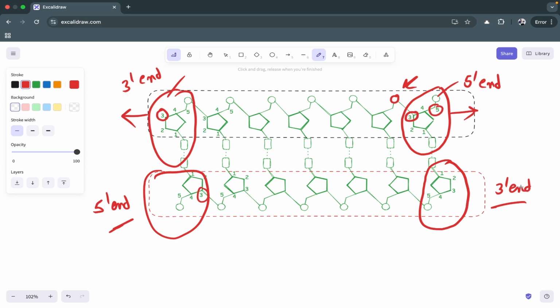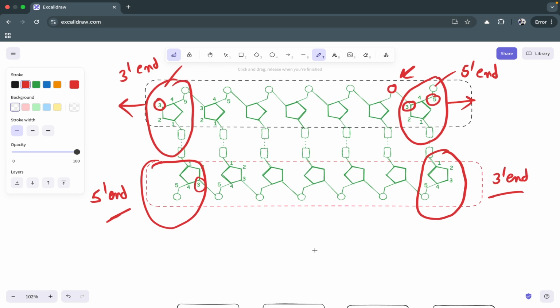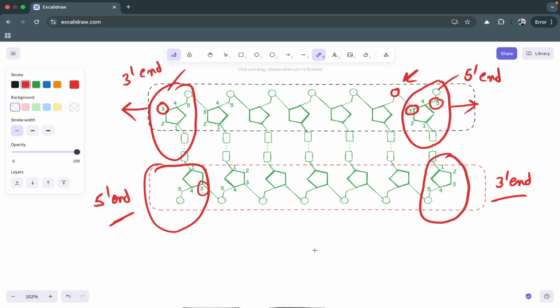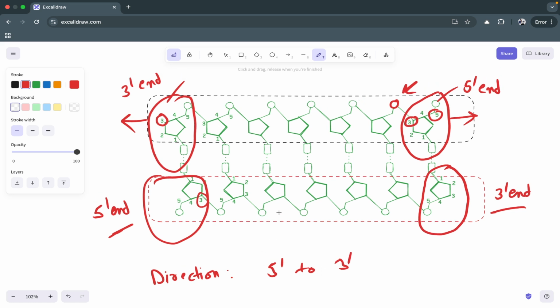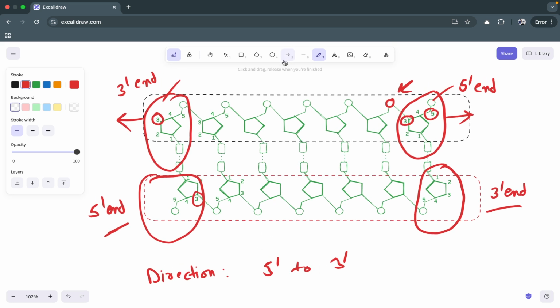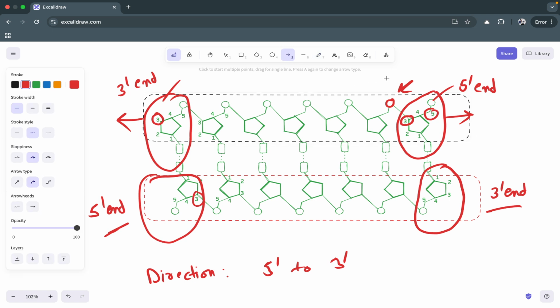There is a convention which defines the direction from the 5' to the 3' end. So if we define our direction from 5' to 3', you will draw a direction vector like this for this particular strand.